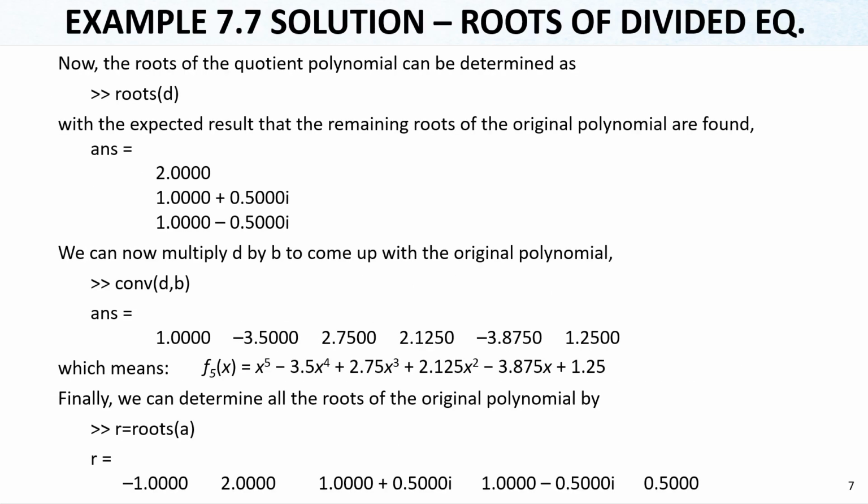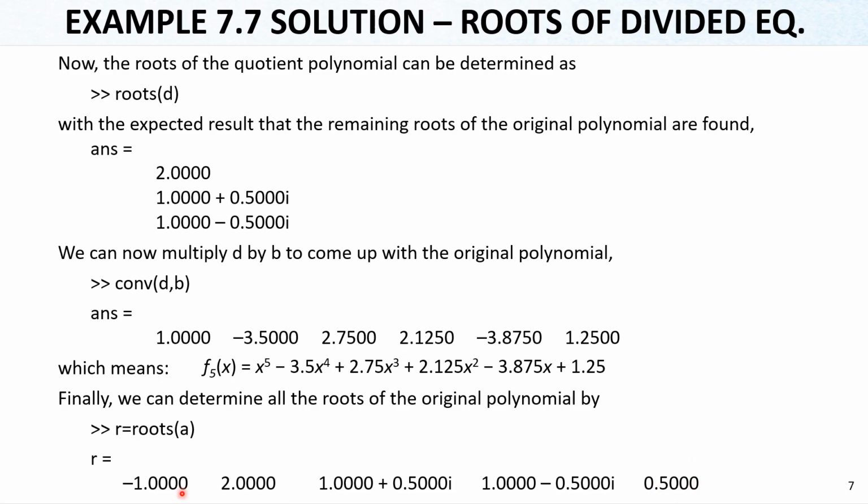And now let's continue to the solution of example 7.7. Now we divided the function by a 2nd order polynomial, and we obtained a 3rd order polynomial for which the coefficients were defined with the d vector. Now if we use roots, it will calculate the roots of the d function, and the expected result is that the remaining roots of the original polynomial are found as these, because 0.5 and minus 1 were found already.